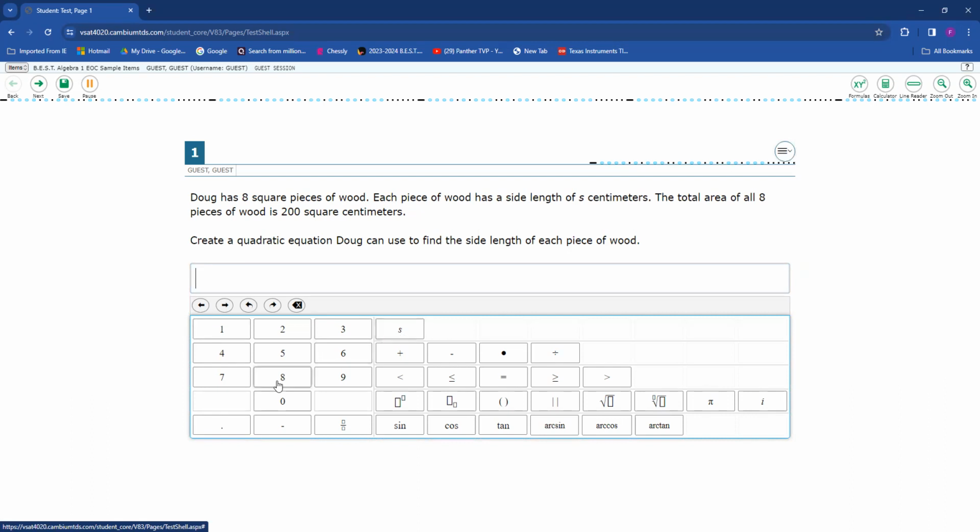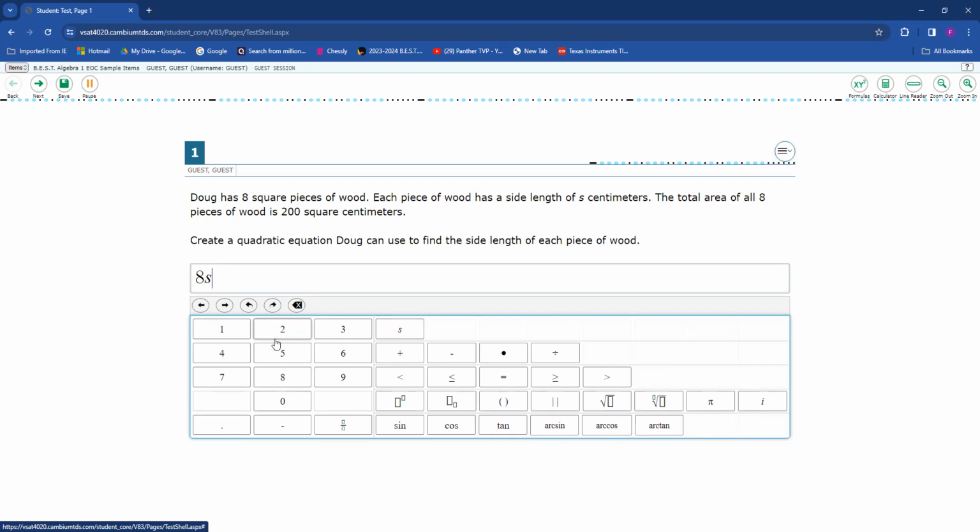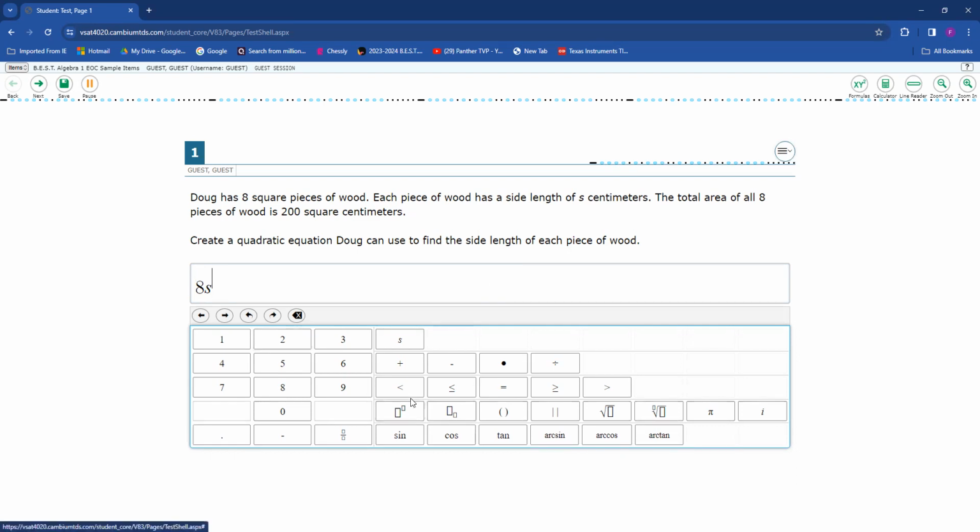So 8S to the power of 2. Only one S, please. So anyway, equals 200. And we are done.